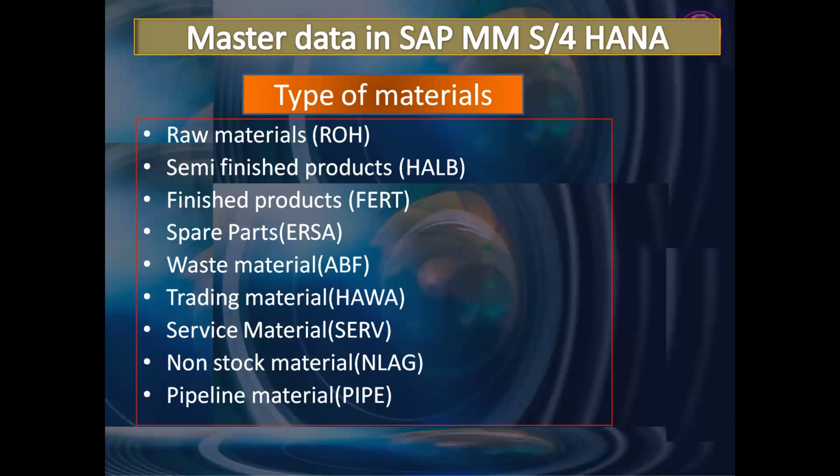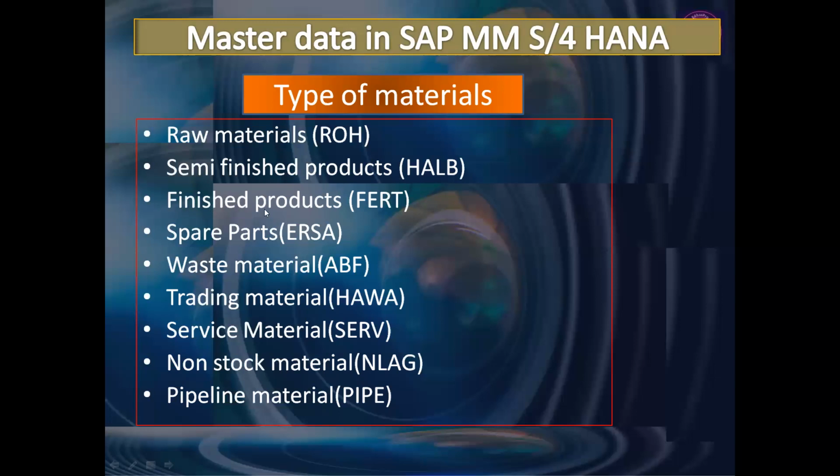In between, at 20%, 40% or 60%, whatever material is ready at that stage, we can call it a semi-finished product. That is our HALB. We will see how these material types can be created in the system.